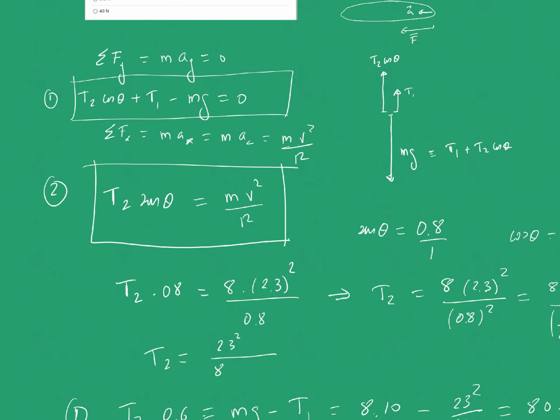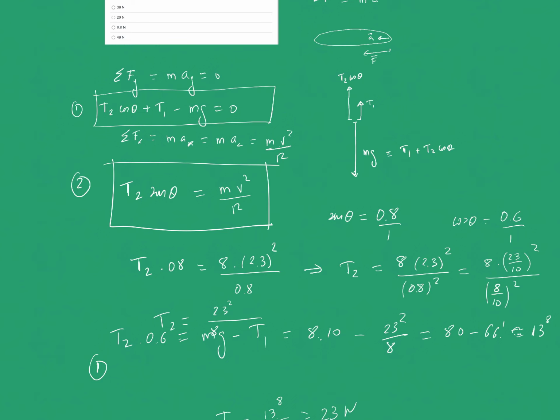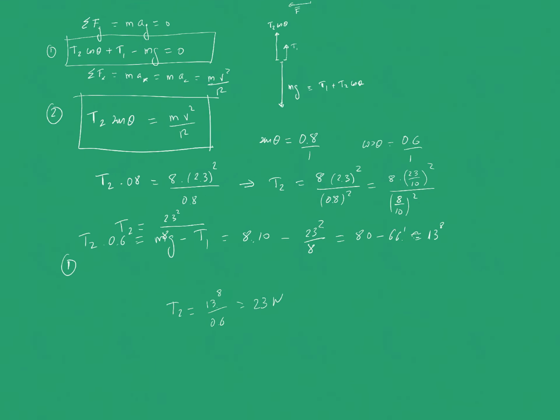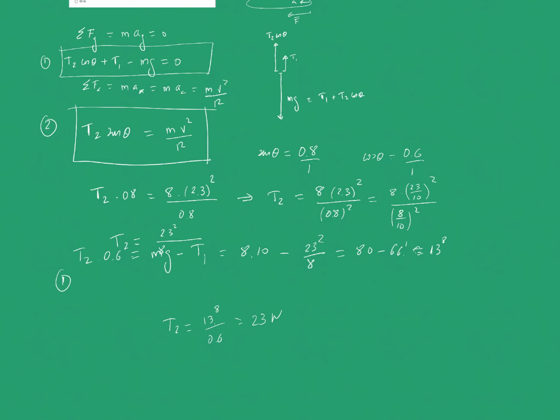The first equation says T2, that I already know, times cosine of theta, 0.6 divided by 1, plus T1, that I don't know, the unknown, minus mg equals 0. This allows you to find T1. Well, it doesn't matter, you can calculate T1 and T2. It's up to you to work the problem a little bit.